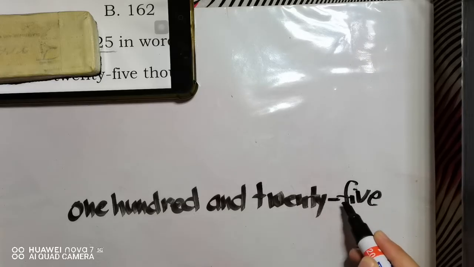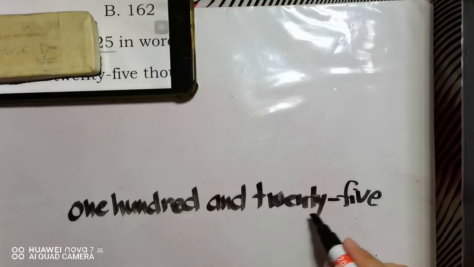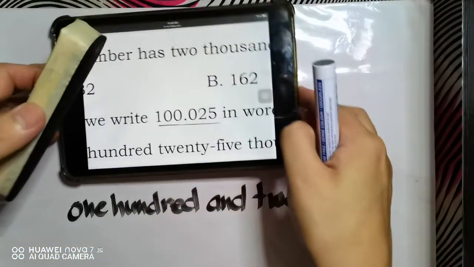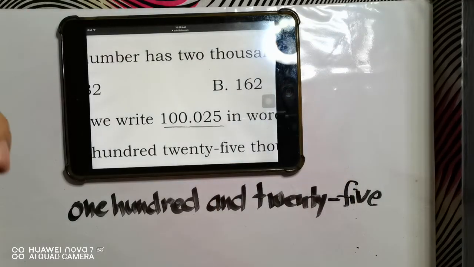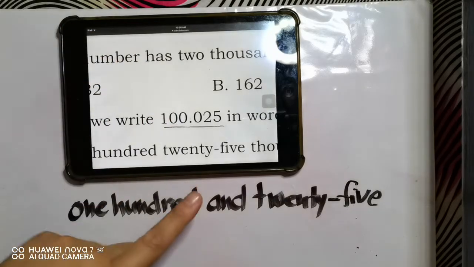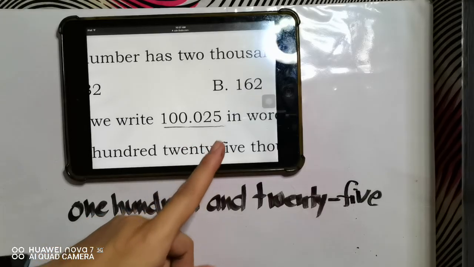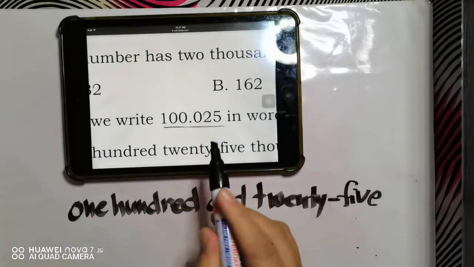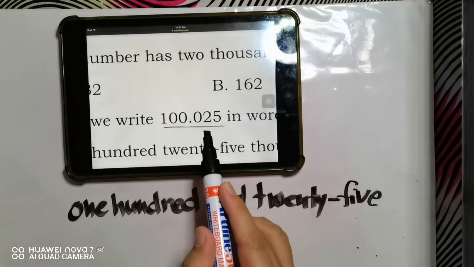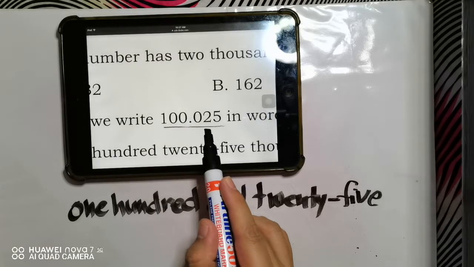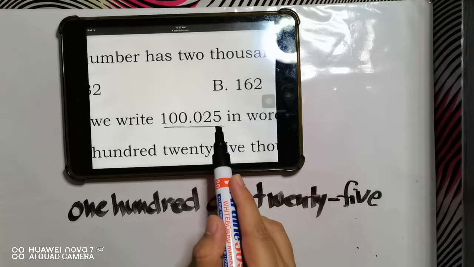Remember, gagamit tayo ng hyphen kapag meron tayong pinagsasama na number. And then, remember, we are already in decimals. Kailangan alam mo yung place value ng lahat ng digits doon sa iyong decimal number. So, you can see here the decimal point and then identify mo ano yung place value nung huling-huling digit. Okay? So, this is the decimal point. This is tenths. This is hundredths. And then this is thousandths.